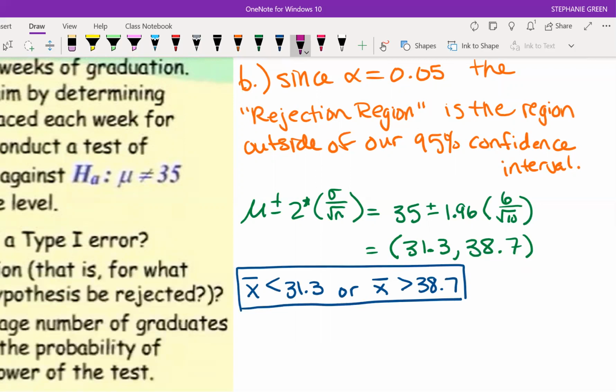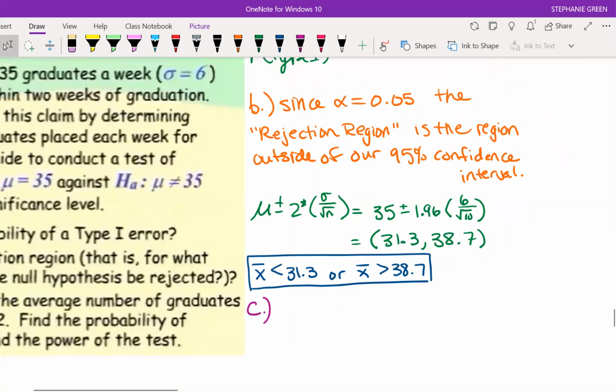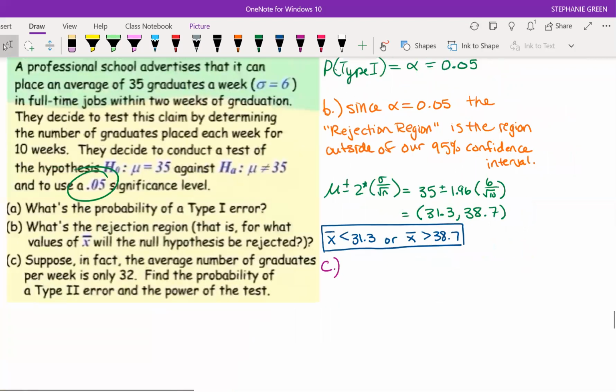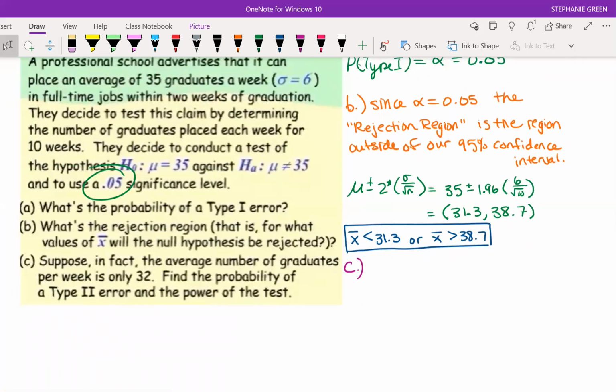Okay, moving on, part C. It says, suppose in fact the average number of graduates per week is only 32. Find the probability of a type 2 error and the power of the test. So 32 here now is our alternative value.